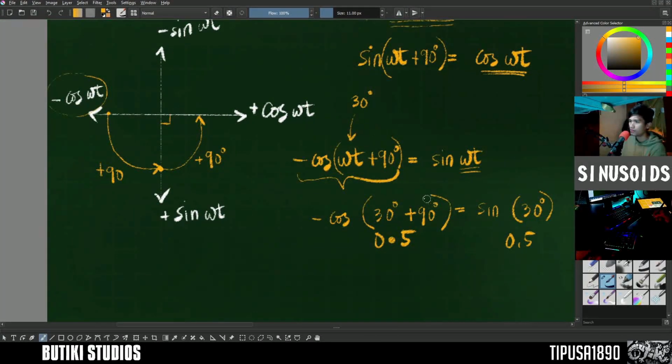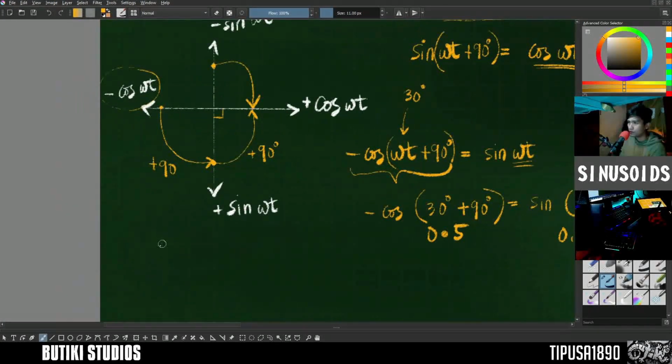So another example, negative sine padulong ta sa positive cosine. So ang atong negative sine omega t himuon siya nato nga cosine omega t. Padulong man ta dito, unsa man na, clockwise. So mag minus ta og 90 degrees.